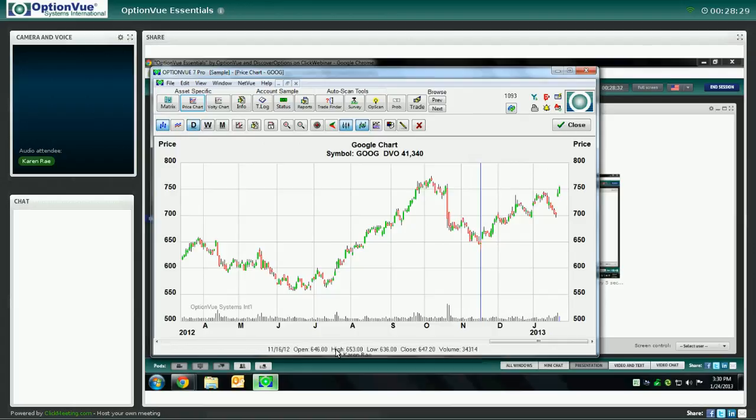It took a little dip down back in November, back to 646, and now we're back up almost 100 points since last fall. And I like to think that we're going to be building momentum because volatility is low. I think the price is going to jump a little higher, maybe up to the 770 range.